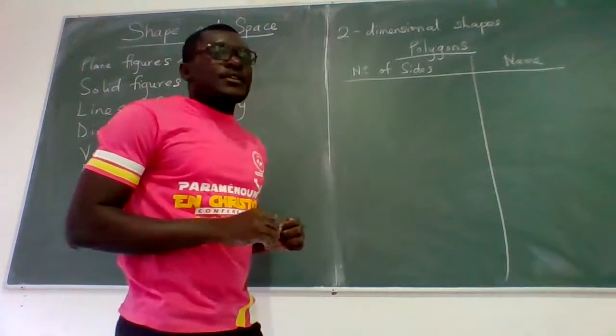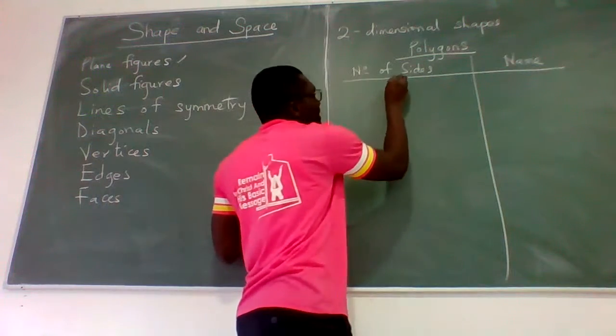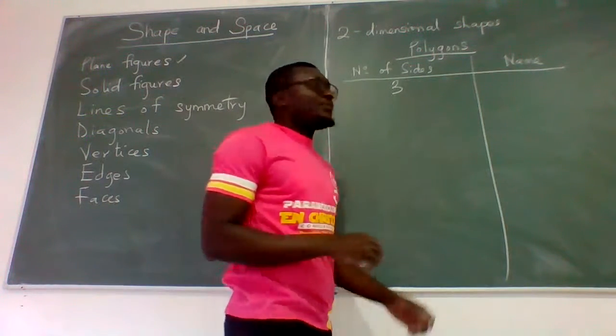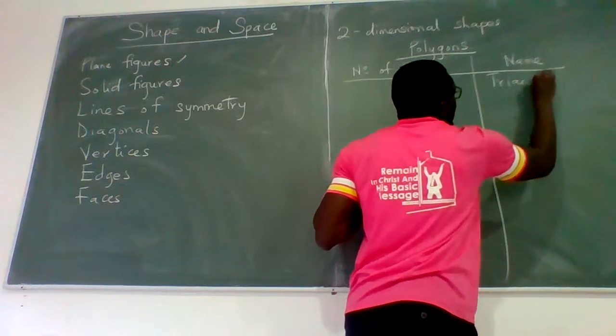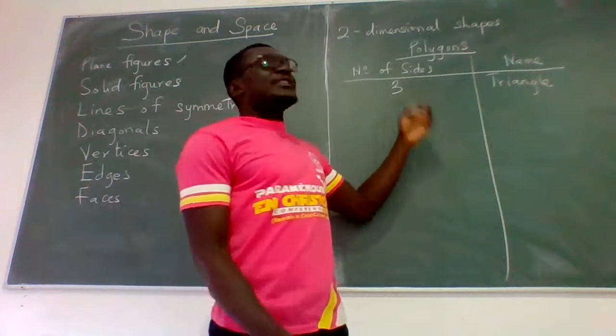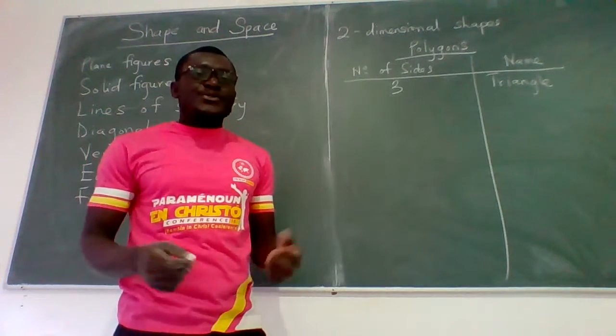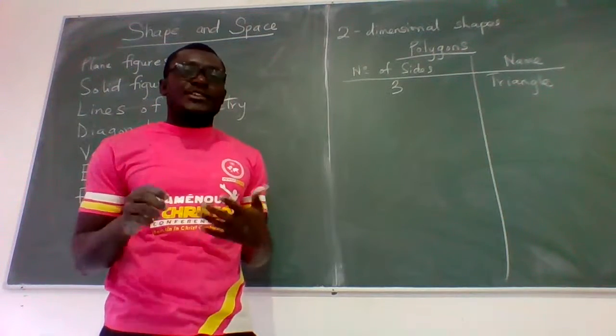Okay. So the smallest you can find has 3 sides, and we call it a triangle. I am sure you are surprised why I'm bringing in this, because maybe you know that when we talk about polygons, then we have to start from pentagon, hexagon, and all those things.